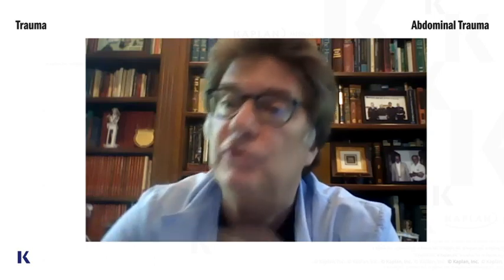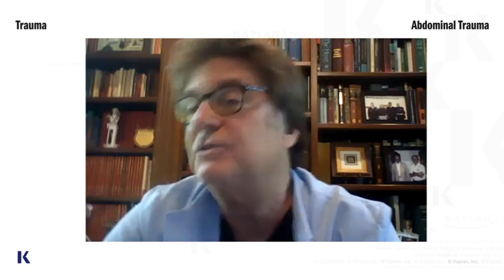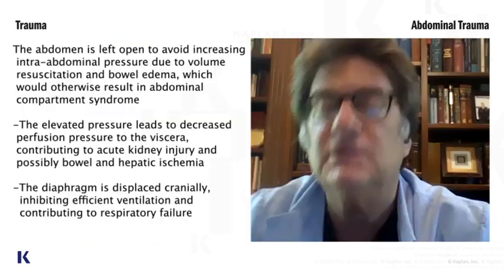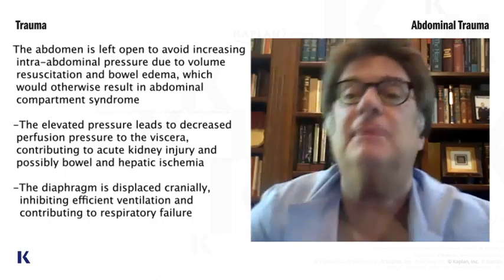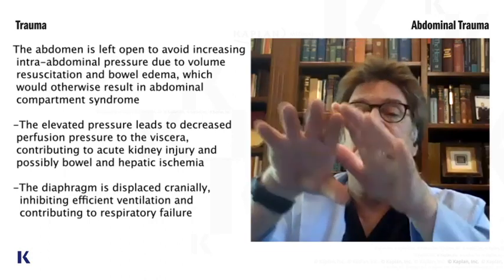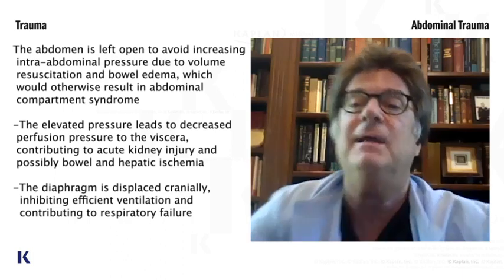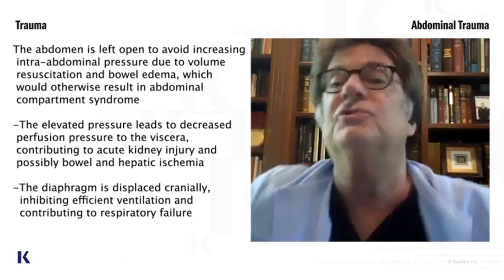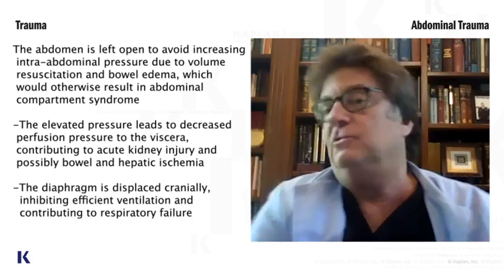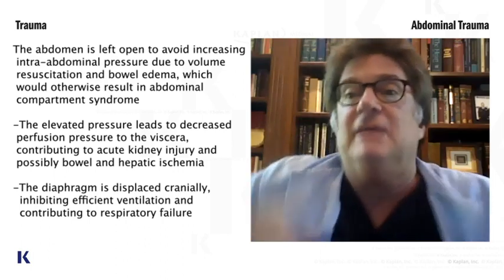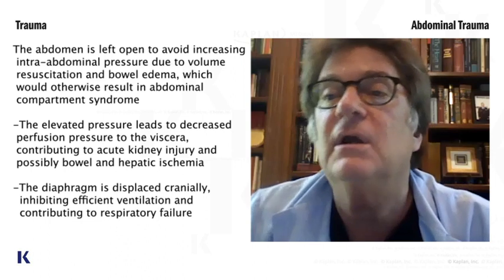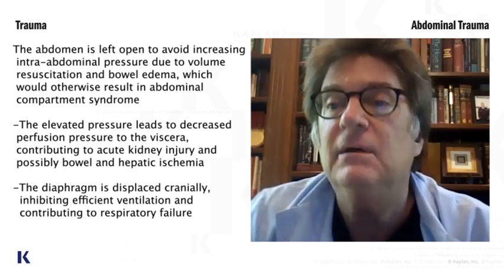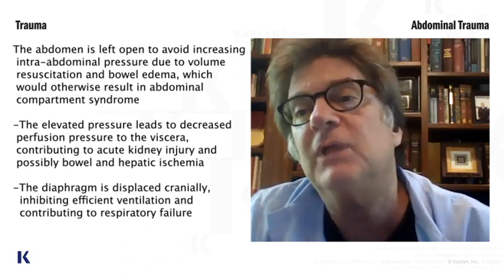Hypoxic and no urine output. What's the diagnosis? Abdominal compartment syndrome. And what that means is that the pressure is so tight from closing the belly that your diaphragms are high, so you're hypoxic. They're pushed up. And you've got so much pressure in your belly that you're not getting adequate renal blood flow.